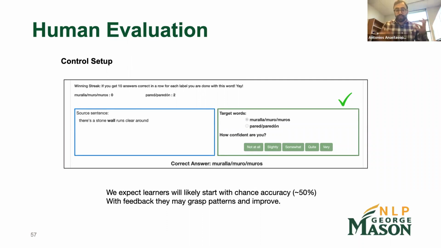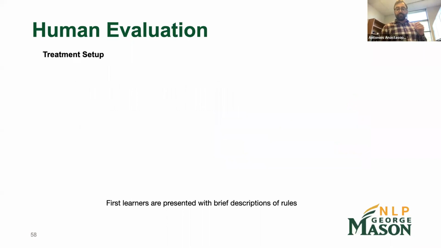They won't know how to select between muro or pared for translating wall. So the assumption is that they're going to start with chance accuracy, but as they go through the examples and they get feedback on what answers are correct or not, then they may grasp patterns and start improving. Okay, so this is our control setup.